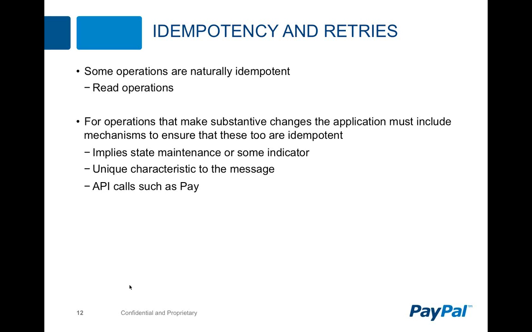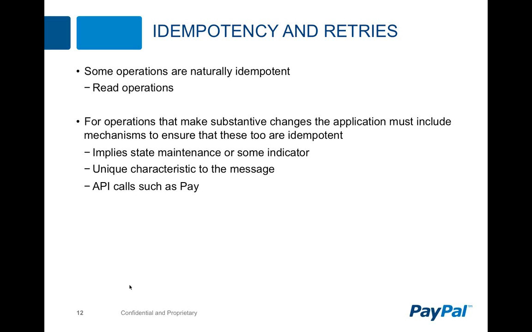That doesn't mean you end up charging the credit card multiple times, right? So you have to make sure certain operations, and these operations are really tricky sometimes, but very core to your business as well. So if somebody calls pay for the same use case, you should not charge their credit card multiple times or move money from their bank account multiple times.